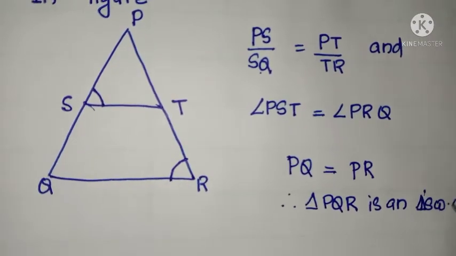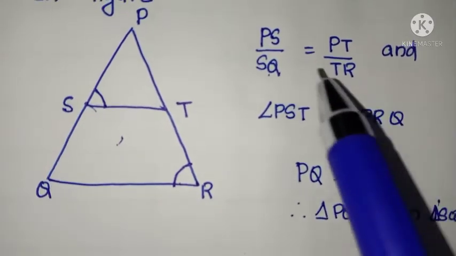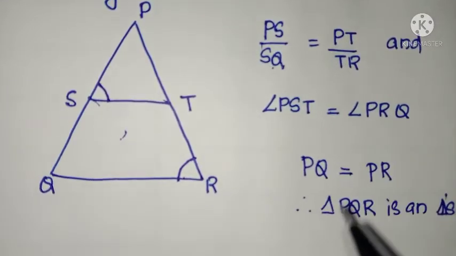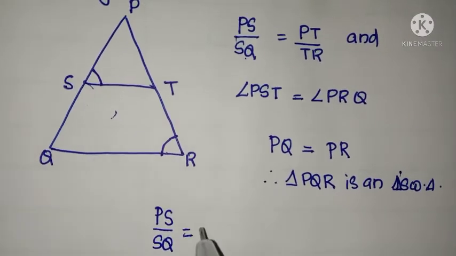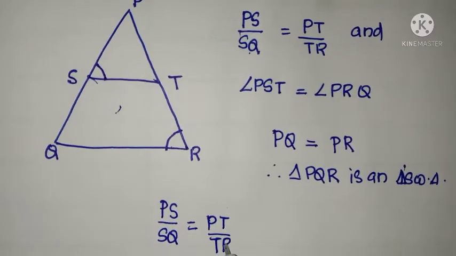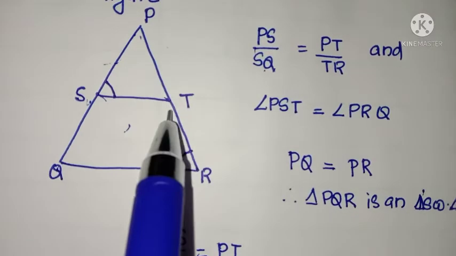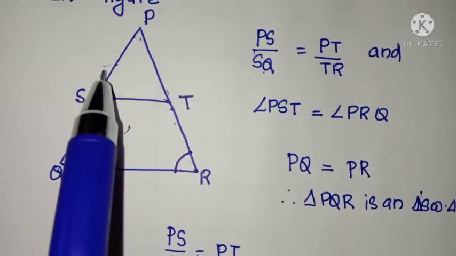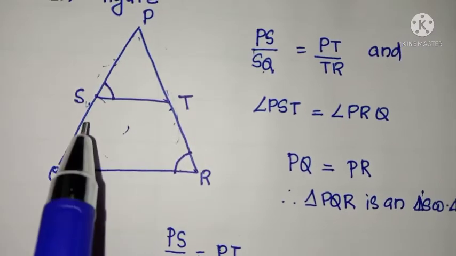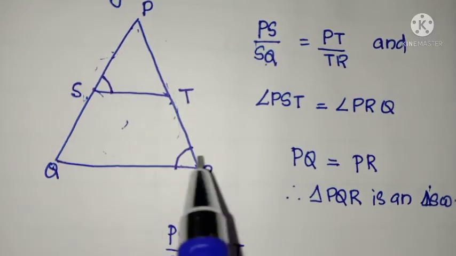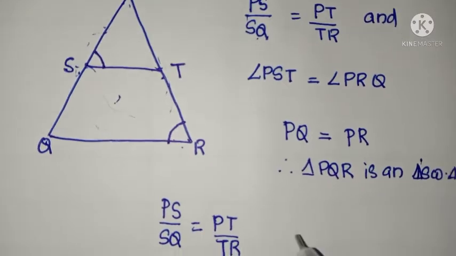Then we can say triangle PQR is an isosceles triangle. Listen, here these two angles are given and a ratio is also given. Look at the ratio, PS by SQ is equal to PT by TR. So listen, by the converse of the basic proportionality theorem, if corresponding ratios are equal, then we can say that the line ST is parallel to QR.